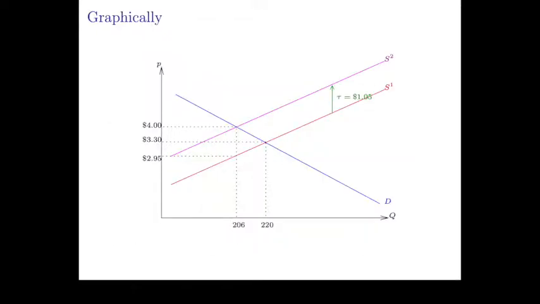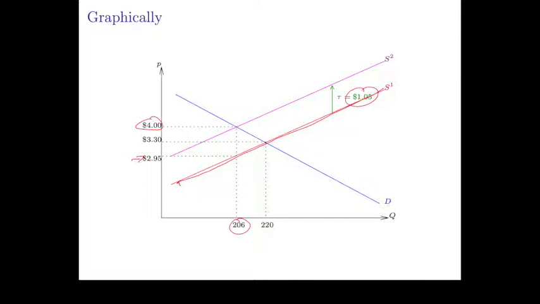Like I said, at the price of $4, the government takes $1.05. So it's as if the firm receives $2.95. If this was the original supply curve, then the firm would be producing 206 million kilos at the price $2.95.